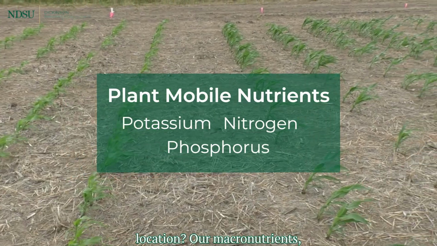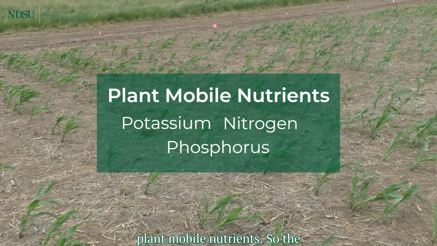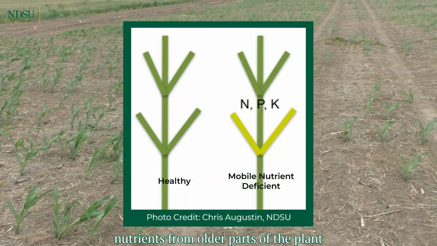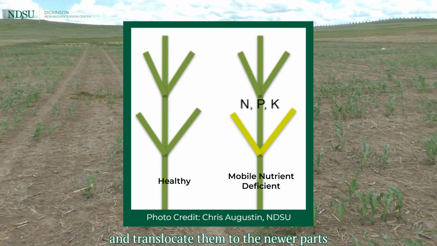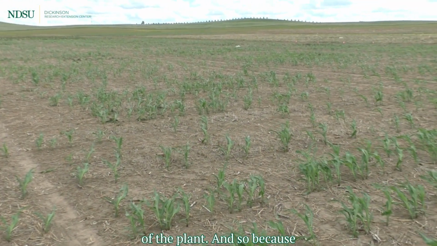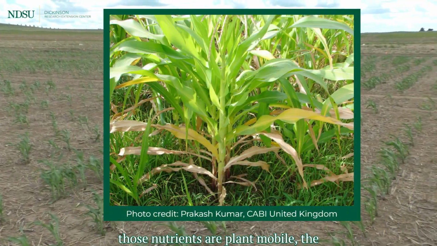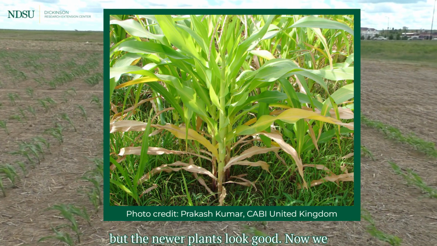Our macronutrients, nitrogen, phosphorus, and potassium, are plant mobile nutrients. So the plant is able to cannibalize those nutrients from older parts of the plant and translocate them to the newer parts of the plant. Because those nutrients are plant mobile, the older parts of the plant may look sick, but the newer parts look good.